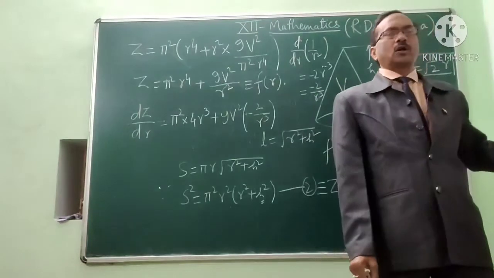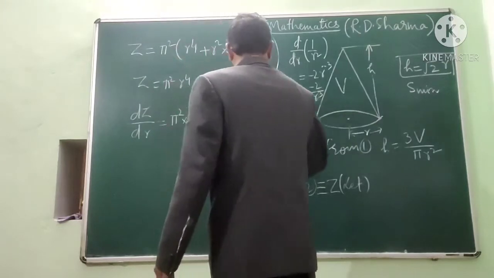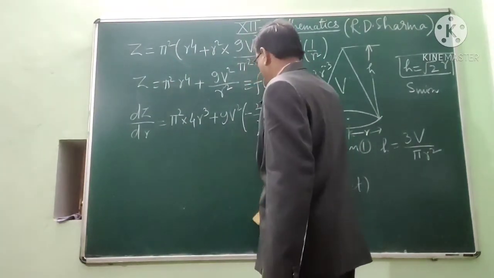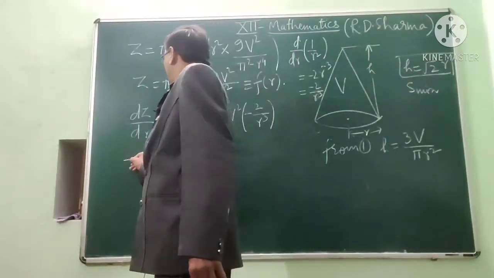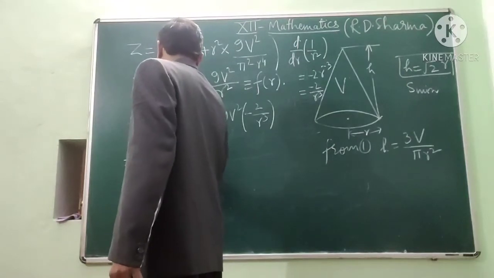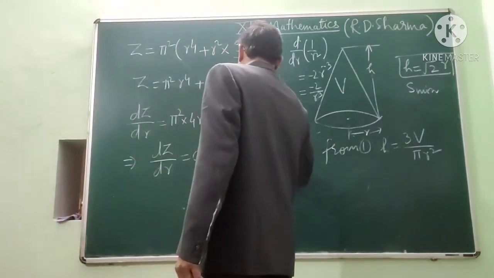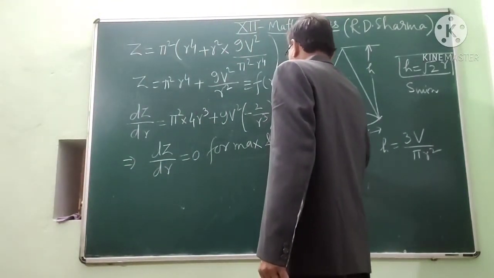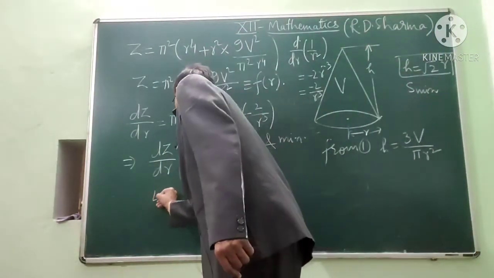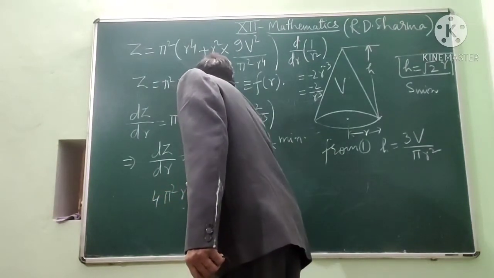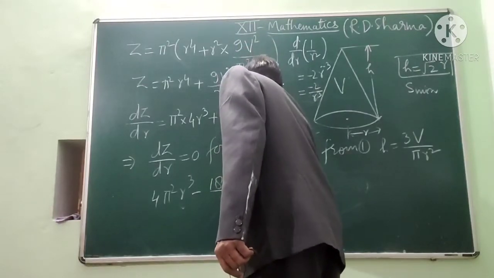Now, the first order derivative for maxima and minima is 0. So we will put dz over dr equal to 0. This gives 4 pi square r cube minus 18v square upon r cube equal to 0.